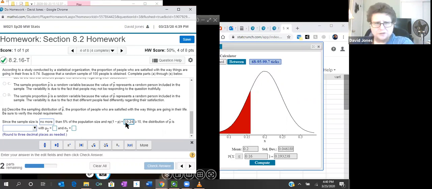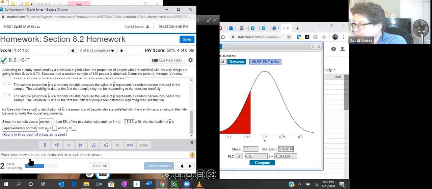The distribution of p hat is approximately normal. They want mean and standard deviation. We're going to have to calculate this real quick.